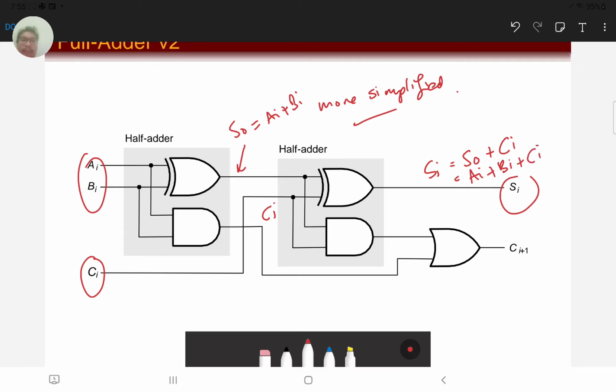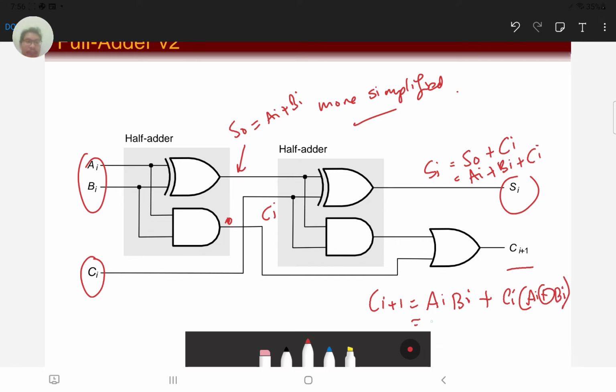Okay, and how to obtain your carry? You can see here that your carry CI plus 1 is in fact AI BI plus CI times (AI XOR BI).